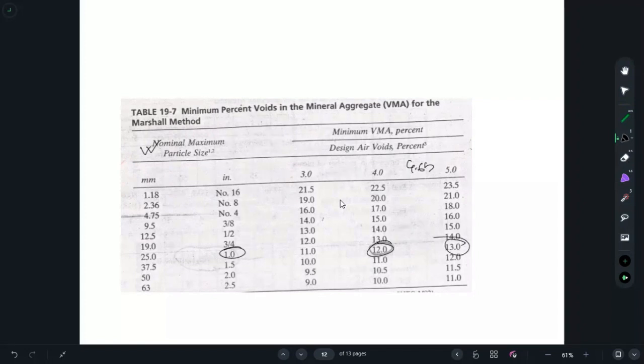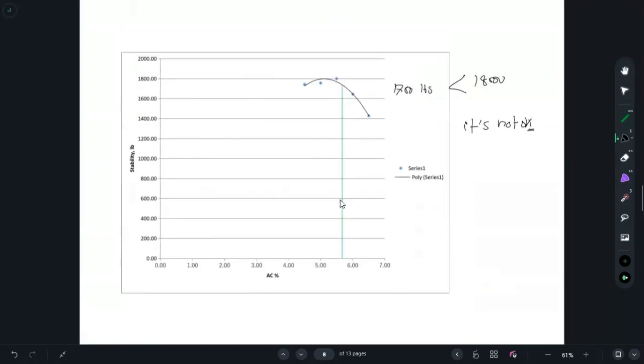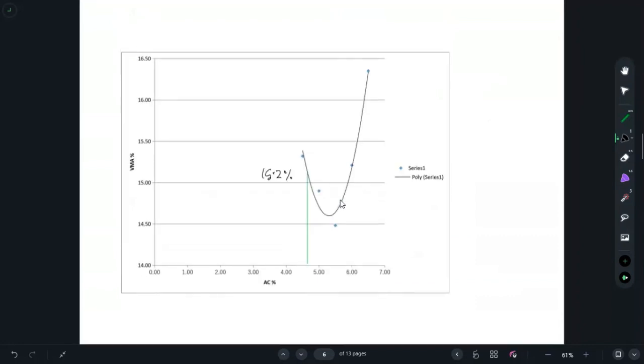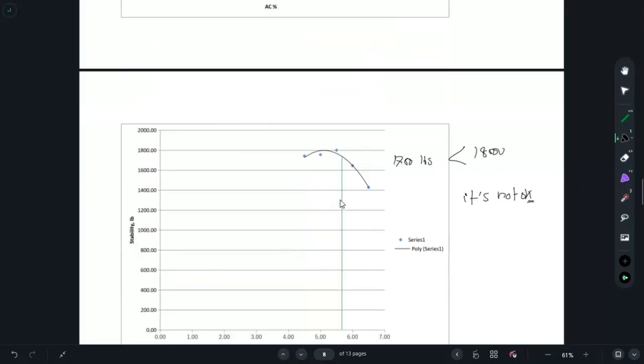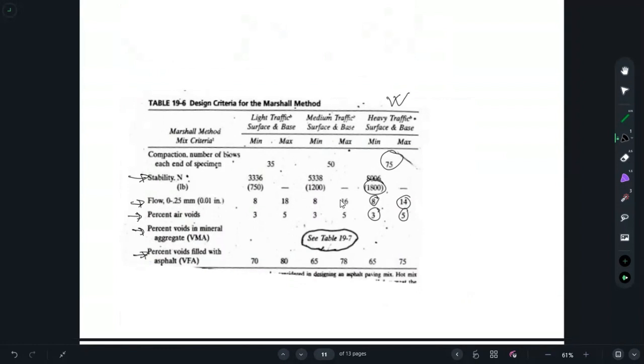In the question it was said that it should be 13, but if you compare it with the standard, it should be around 12.65 or 12.7, like that. So let's say we are taking the value of VMA as per the question. It was said that the minimum value should be 13% and maximum is not defined. So it's greater than 13%. So it's okay. So VMA is okay.